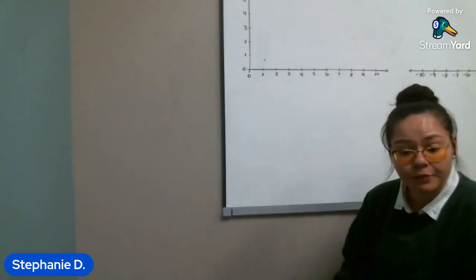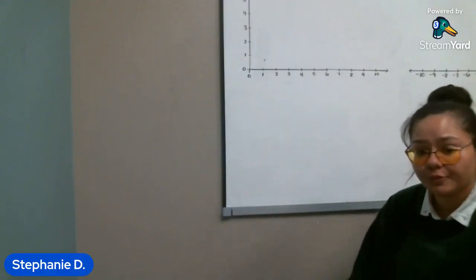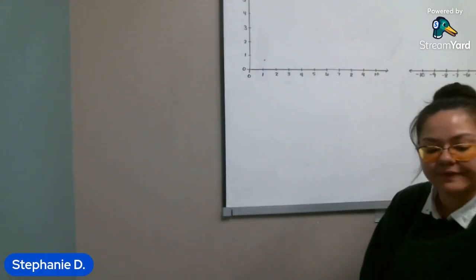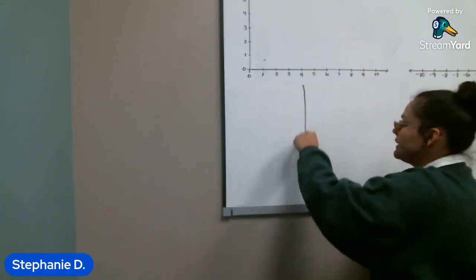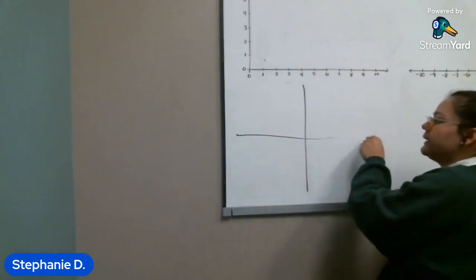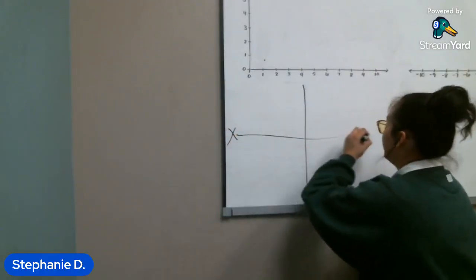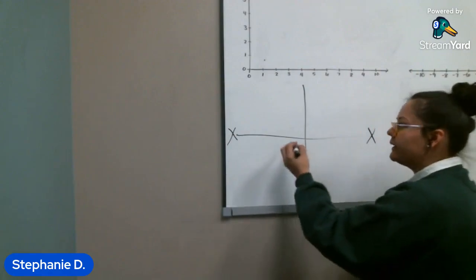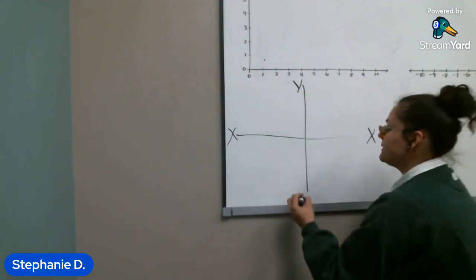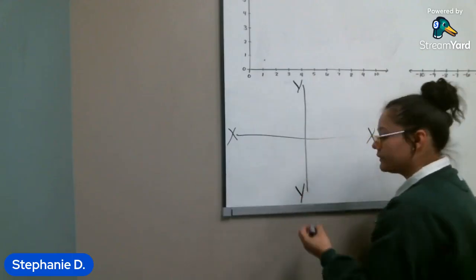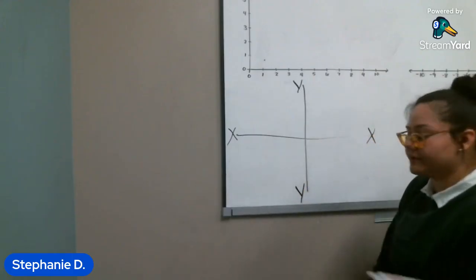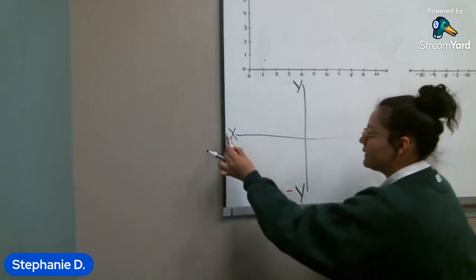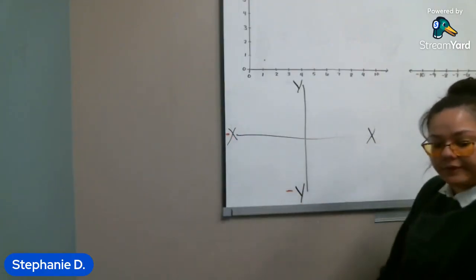Okay, how does slope look? Slope can look like many different things. Let's just set out our coordinate plane here. X axis, left to right. Y axis, up and down. Don't forget, there are negatives on our coordinate plane.